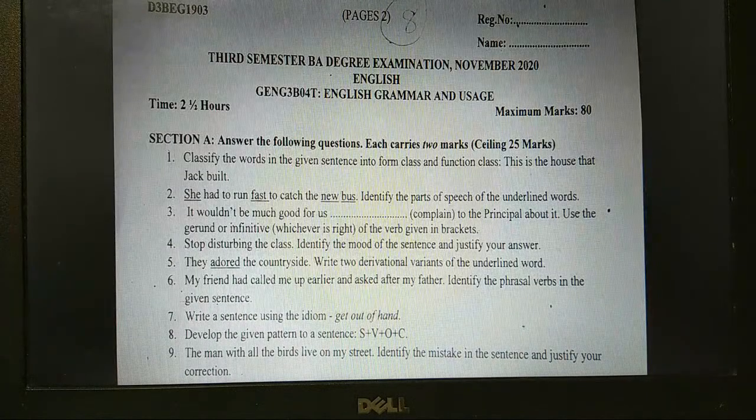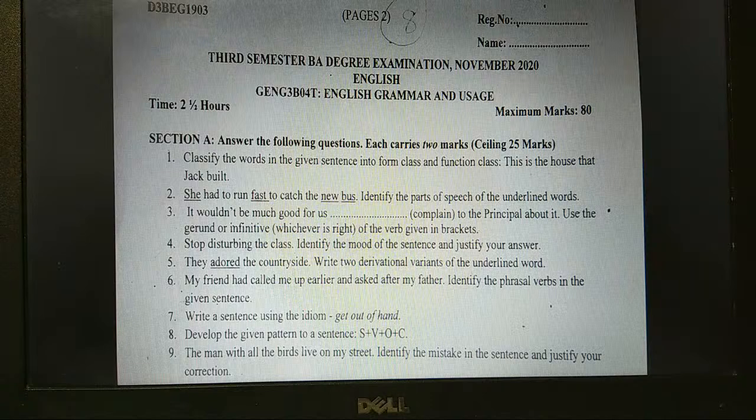When you have question papers with a ceiling, if you are very confident and sure about your answers, you can stop when you have written for 25 marks. But if you are not sure, I would request you to answer all the questions.